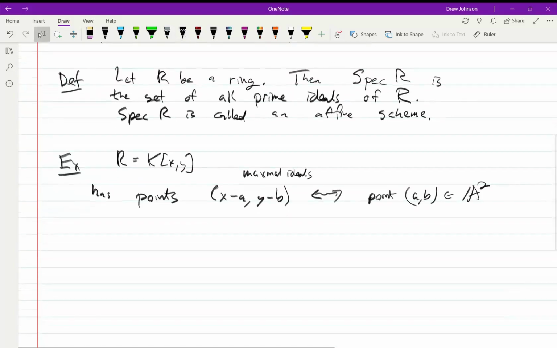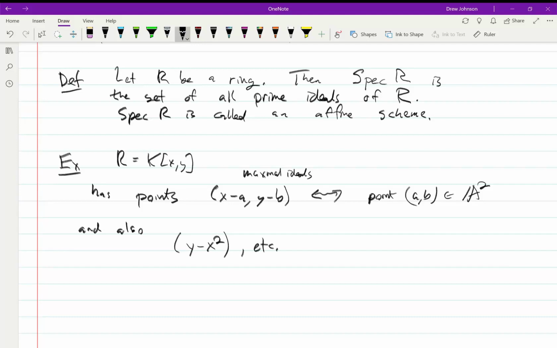But it also has the other prime ideals. So it also has, for example, the ideal (y minus x squared). This is an irreducible polynomial, so it generates a prime ideal. So this corresponds to the parabola in A2 like this. All right, so we're seeing now one of the differences between schemes and varieties.